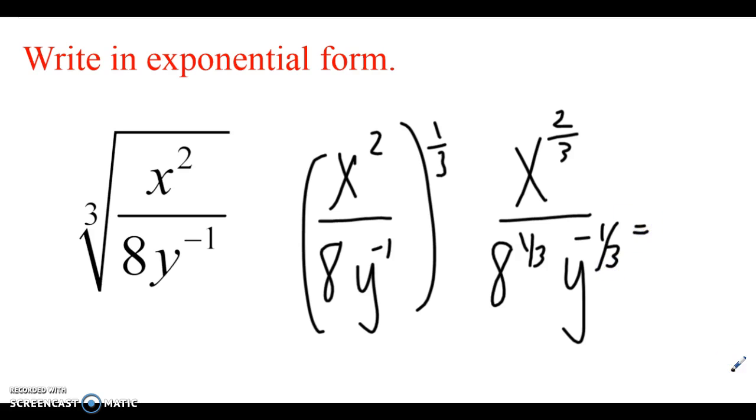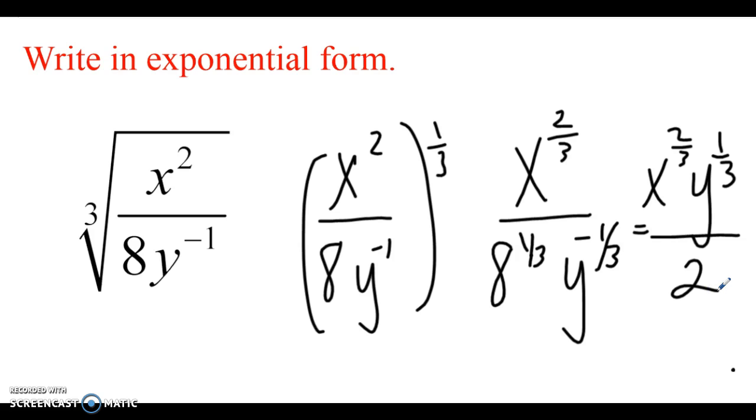Everything looks good except that's a negative, so I want x to the 2/3, y to the 1/3 to come up. And since this is a number, I technically would want you to solve what the cube root of 8 is, since 8 to the 1/3 is the cube root. So I would want a 2 there instead. In case people don't know, that's the cube root of 8, and then I want the 2.